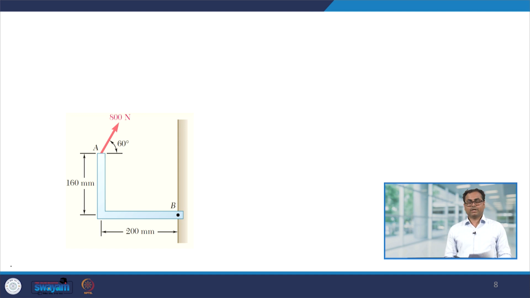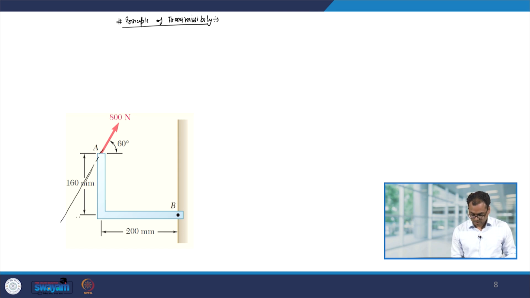We can also calculate the moment of this force using the principle of transmissibility. So, let us slide it along its line of action. So, we have slid it on the horizontal axis. So, this is the force 800 Newton and this angle is 60 degrees.